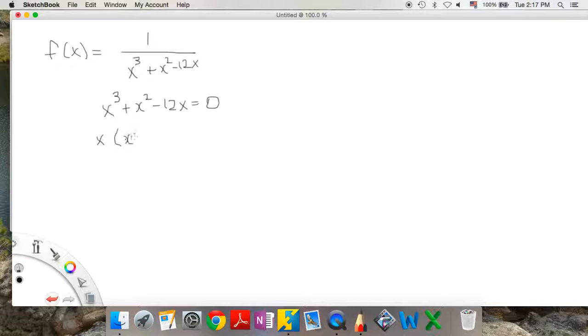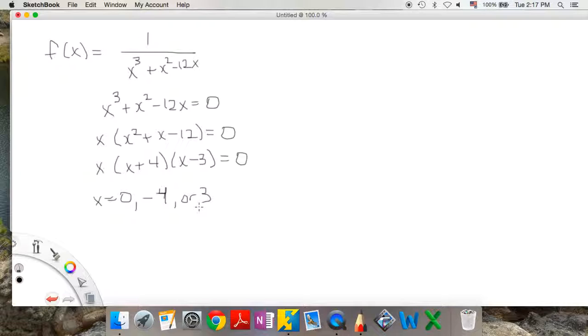So we use our techniques that we learned from polynomials and factor this all the way down until we get all of our linear factors, and we see that x is equal to 0, -4, or 3 are going to give us 0 on the bottom.